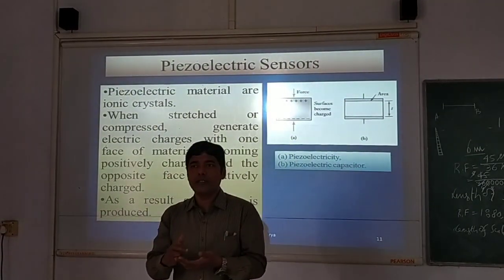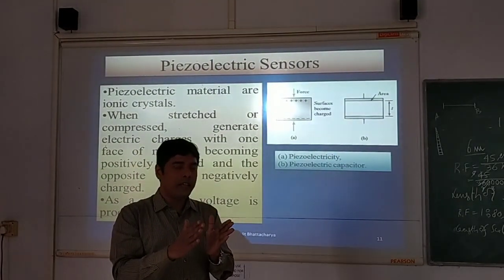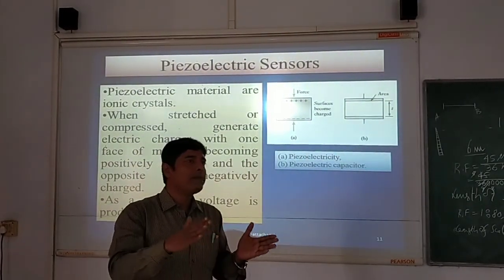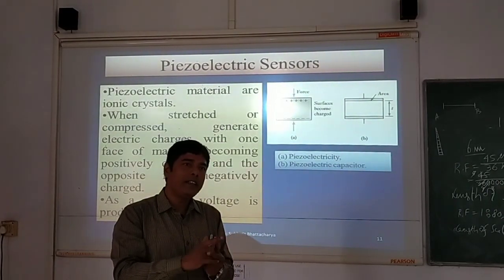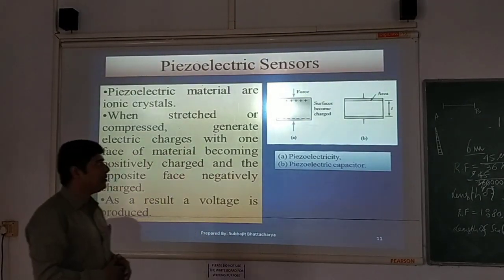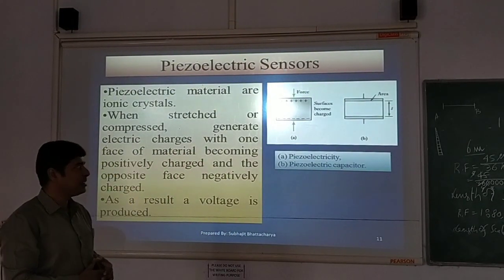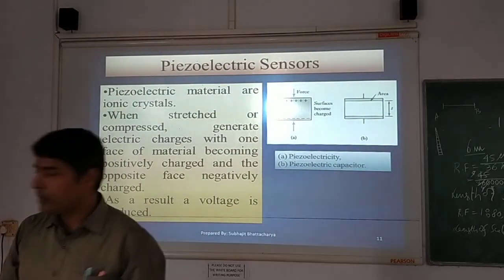But for dynamic, that is changing force, as the force changes the amount of charge generation will change momentarily, and that can be tracked very well. So for dynamic force and pressure measurement, these piezoelectric sensors are widely used. Are you getting the point?